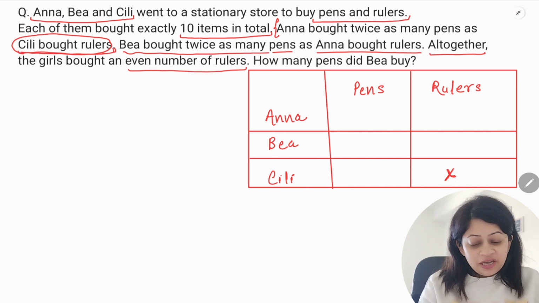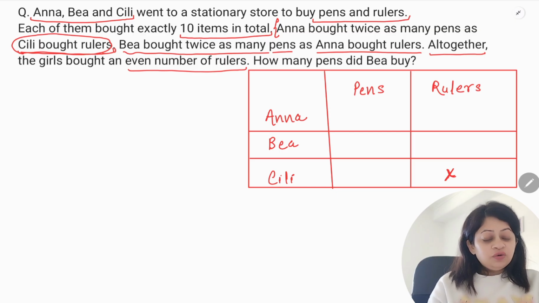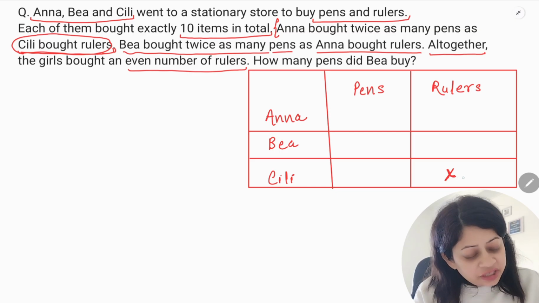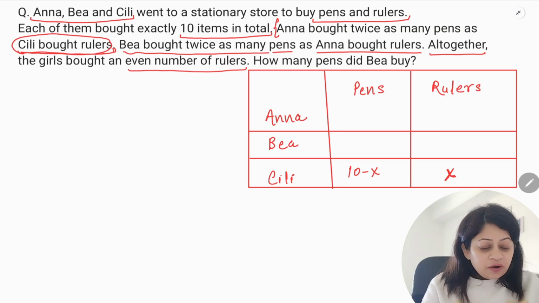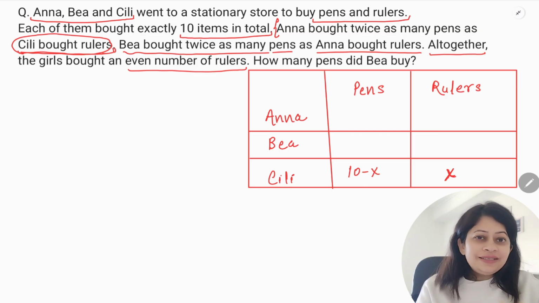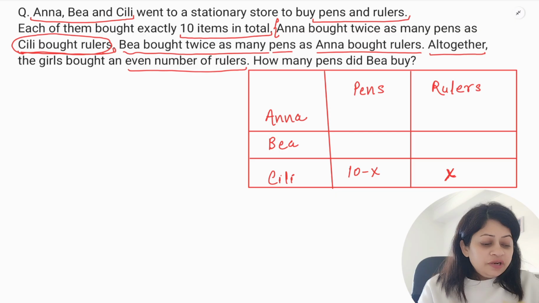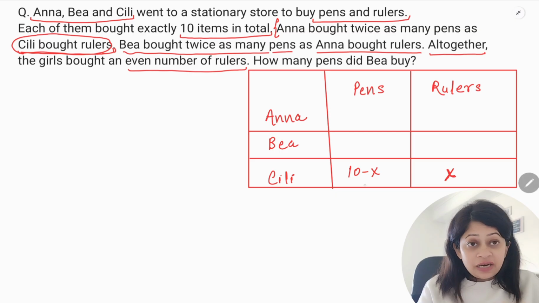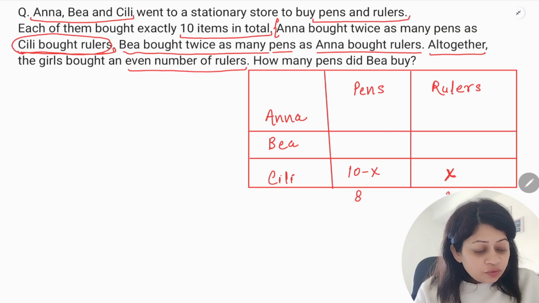If Silly is buying X rulers, how many pens will she buy? 10 minus X. Very obvious because the total is 10, right? Whatever she buys here, 10 minus X. Like I gave you an example as well. Suppose Silly buys two rulers, she will buy 8 pens. If she buys three rulers, she will buy 7 pens because the total is 10.